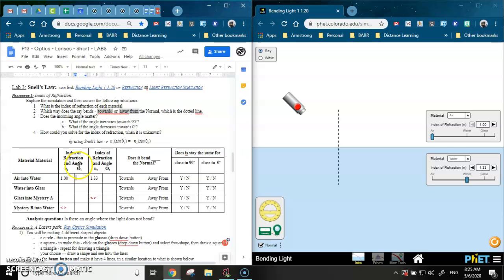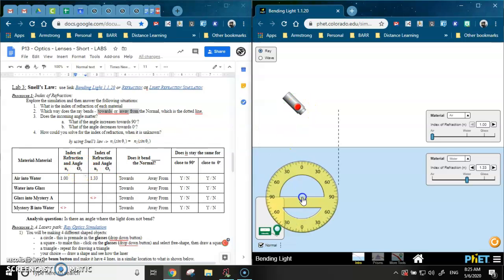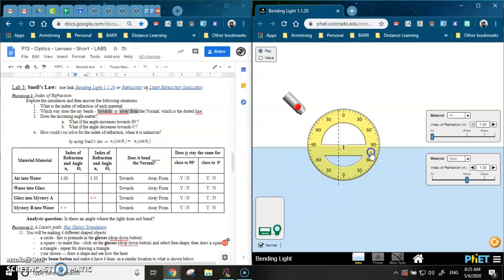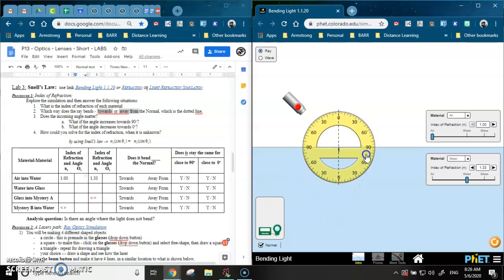Now I want to measure the actual angle. To do that, I'm going to use the protractor. It's really important that you get this lined up as best you can, right on the normal line here, where normal means perpendicular. This line is perpendicular to our surface where the materials meet.